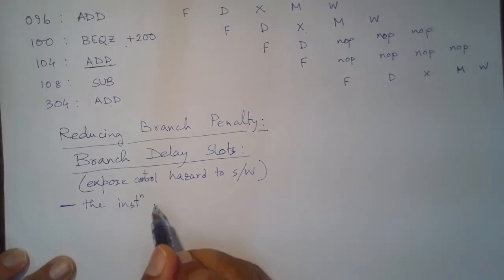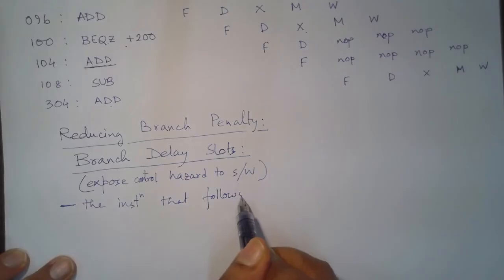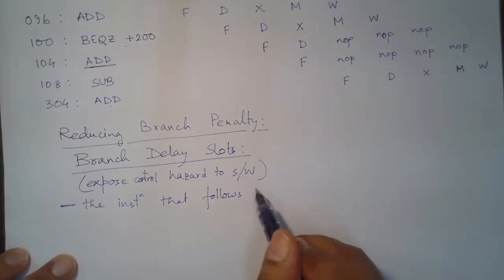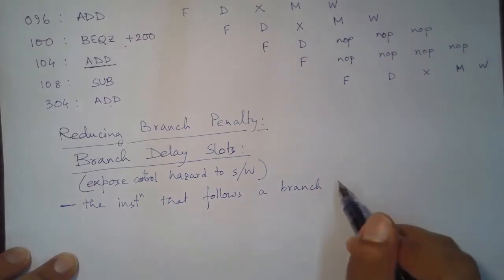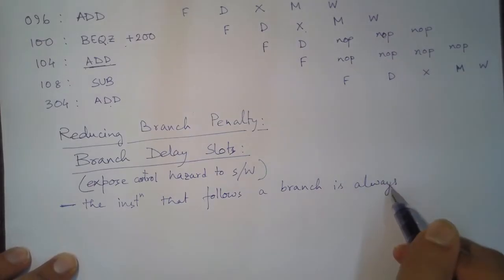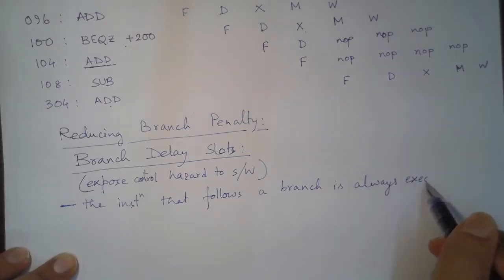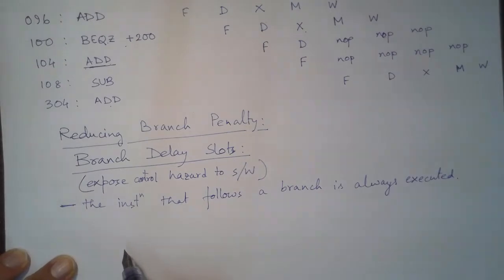The instruction that follows a branch is always executed. So basically you are giving the compiler the flexibility to put a useful instruction where normally a pipeline bubble would have resulted.